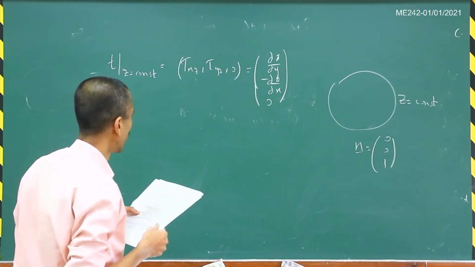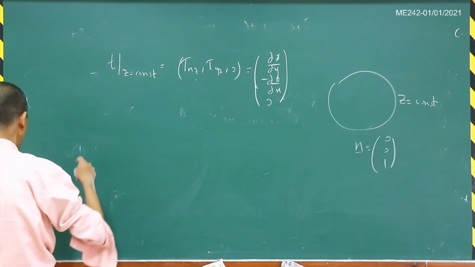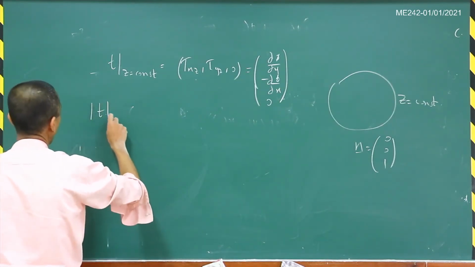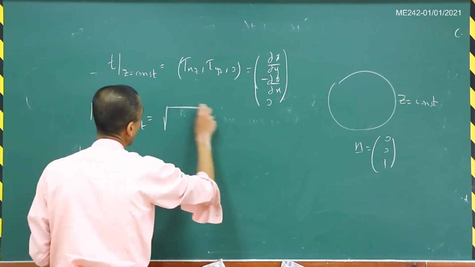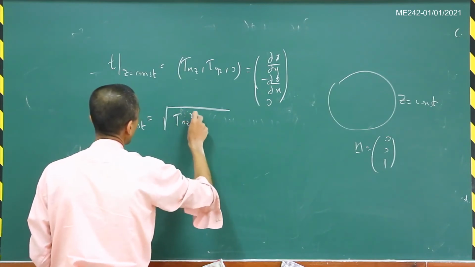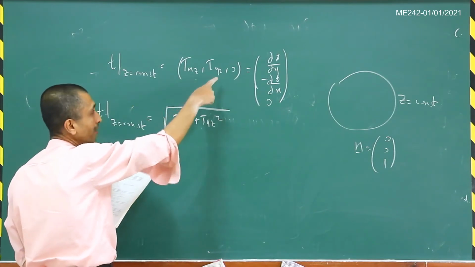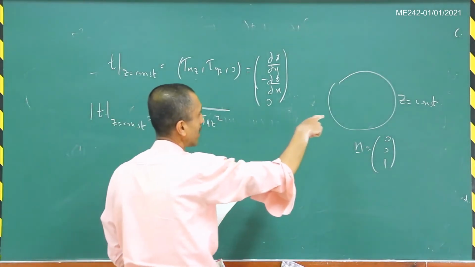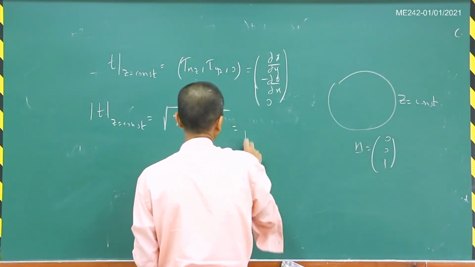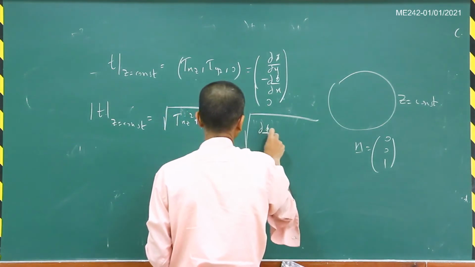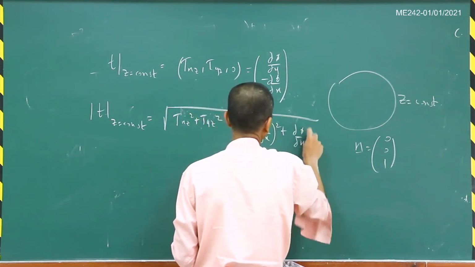And the magnitude of this shear stress, the T now on z equal to constant, will be given by the square root of tau xz square plus tau yz square. So it is basically the magnitude of this particular vector that is acting on this surface here, and this is equal to the square root of del phi by del x square plus del phi by del y square.